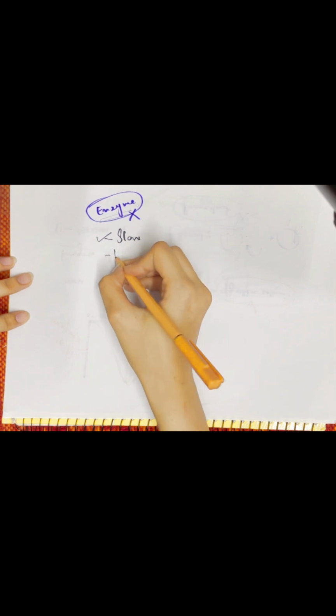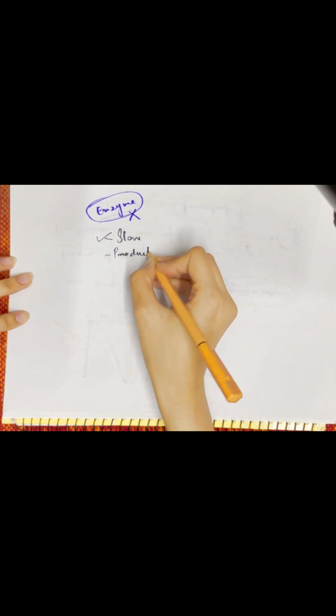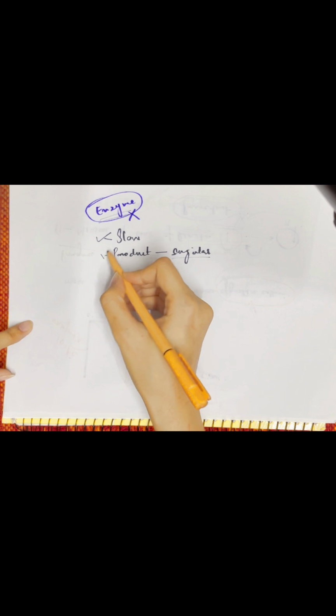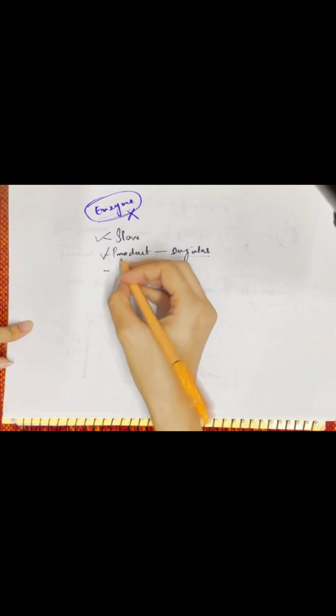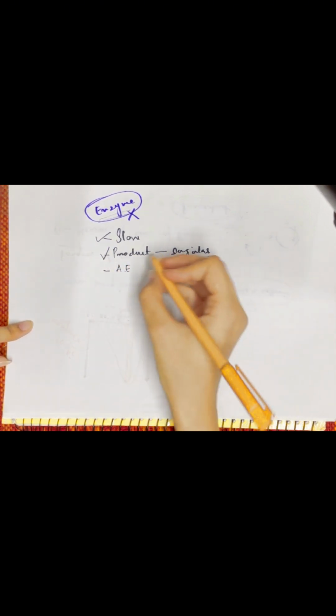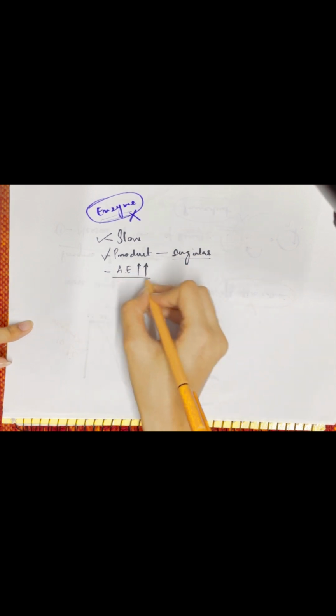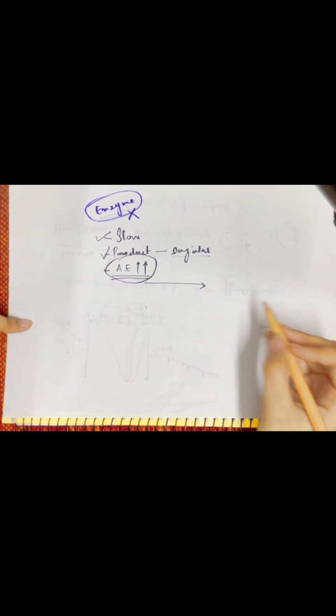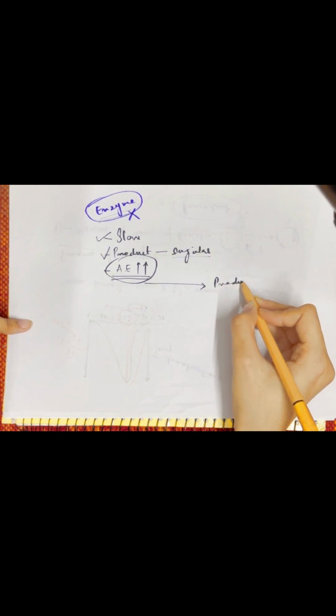The product formed may not be singular. There are very few chances that, if there is no enzyme in a reaction, the product will be singular. Also, the activation energy would be very high, thus it would require a large amount of energy to kickstart a reaction and form a desirable product.